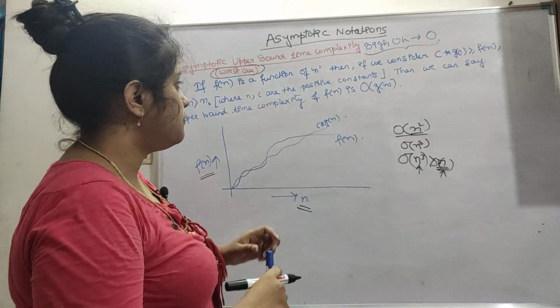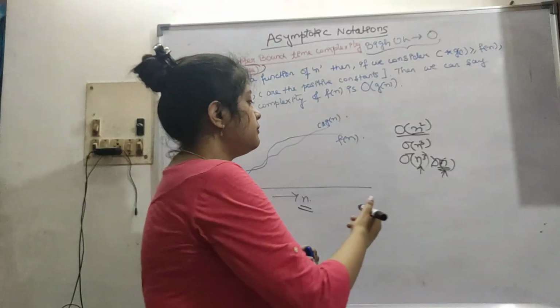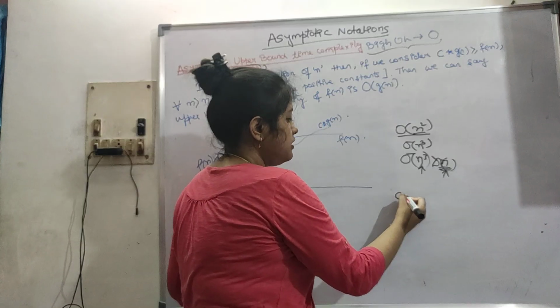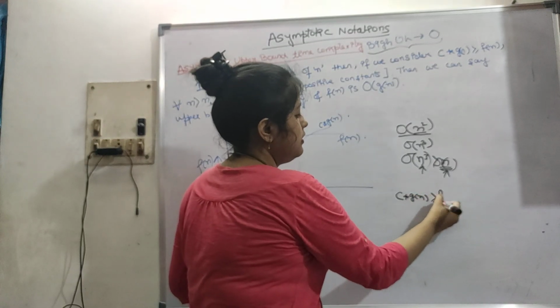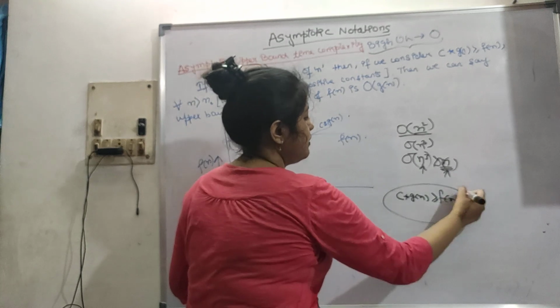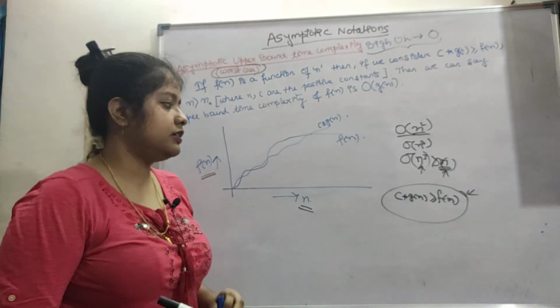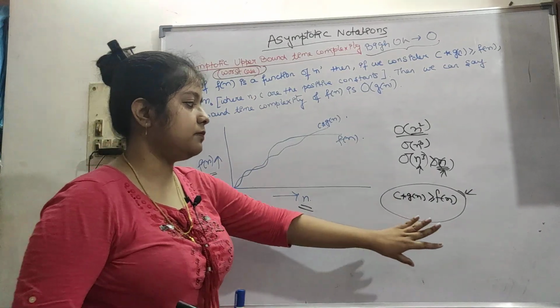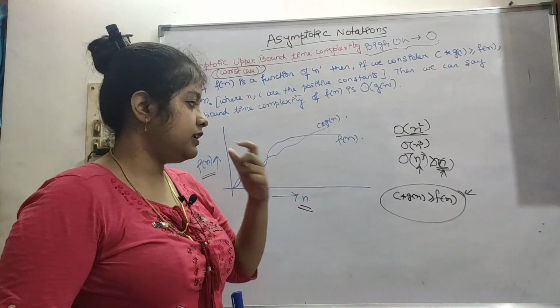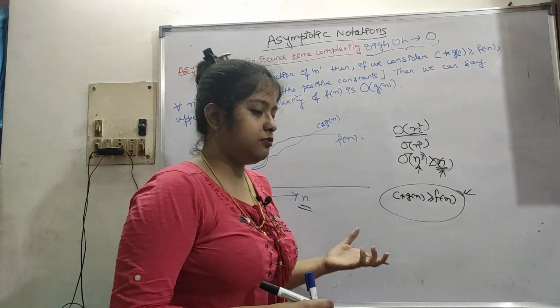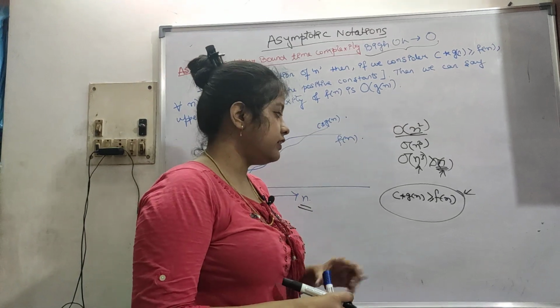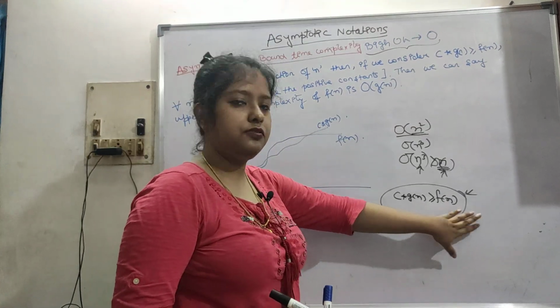So I will tell you to remember this, because it may be confusing: c times g(n) is greater than f(n). Why I am telling you to remember this is because in best case it will be opposite, and in average it will be in the middle. When we are solving questions, if you get confused, remember this.